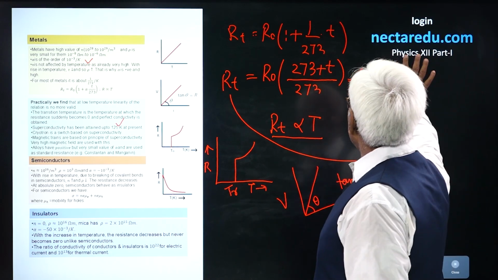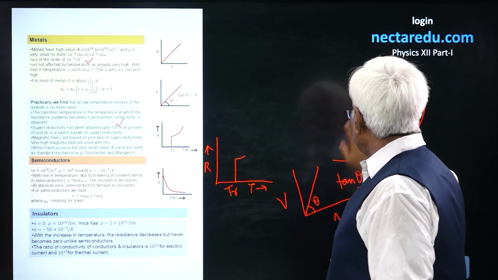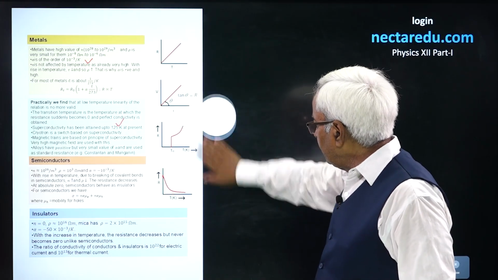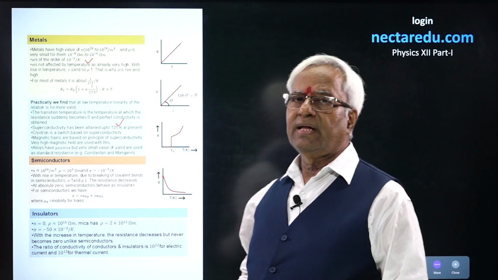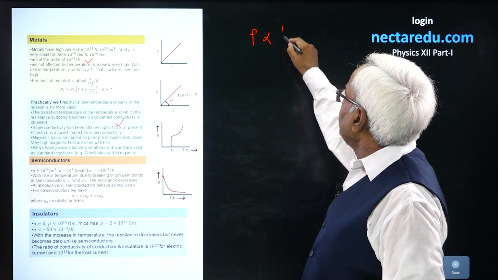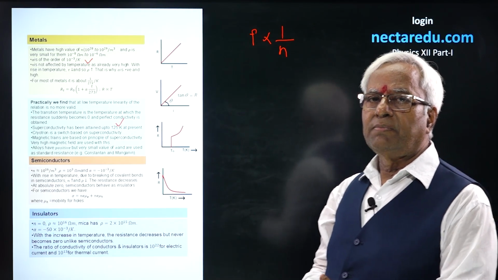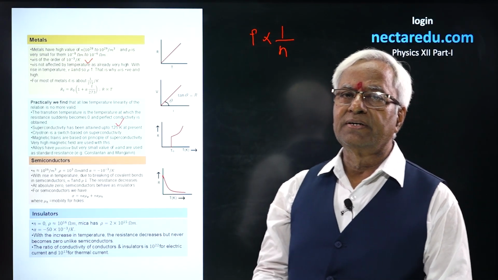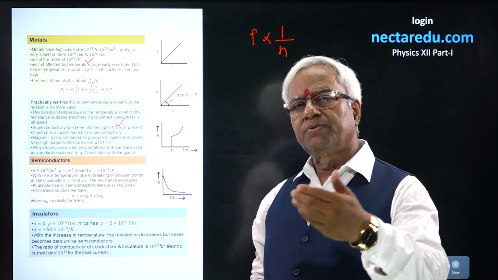Now for semiconductors. I already told you that N is not very high. Covalent bonds break, N increases, and when N increases, rho will decrease. That means for semiconductors like silicon and germanium, when temperature increases, the resistance or specific resistance will decrease.